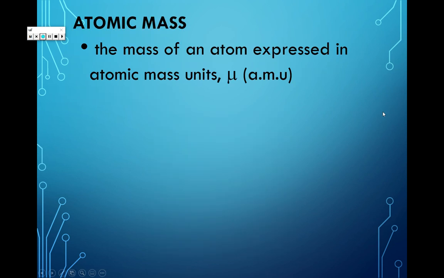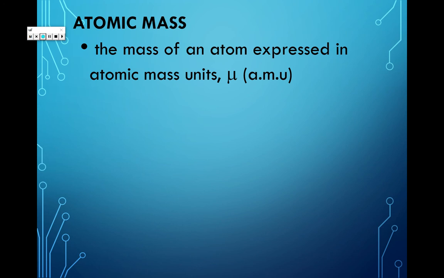So the atomic mass on your periodic table is reported as an average. For now, we're going to use sometimes AMU, sometimes this little fancy mu symbol, or sometimes simply just a U. Eventually when we get to unit 3, we'll look at a different unit for the atomic mass.